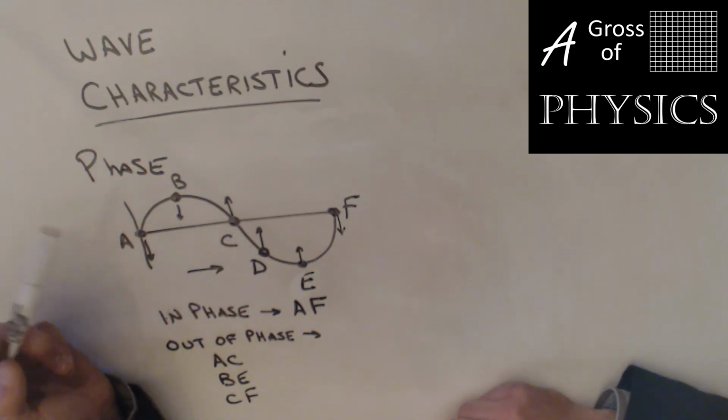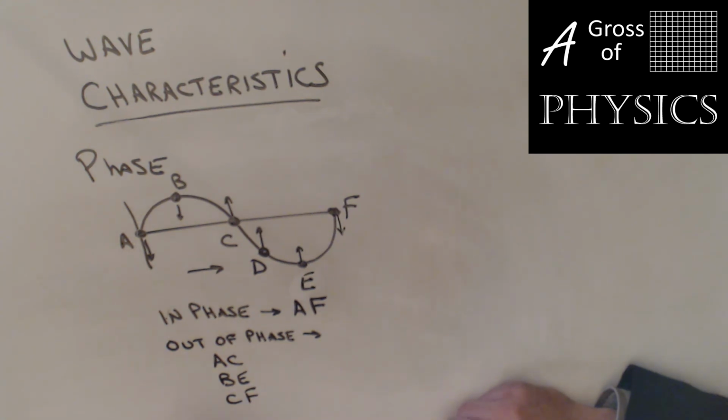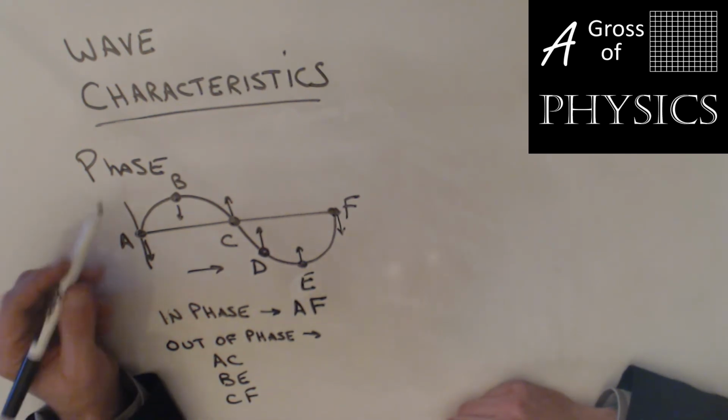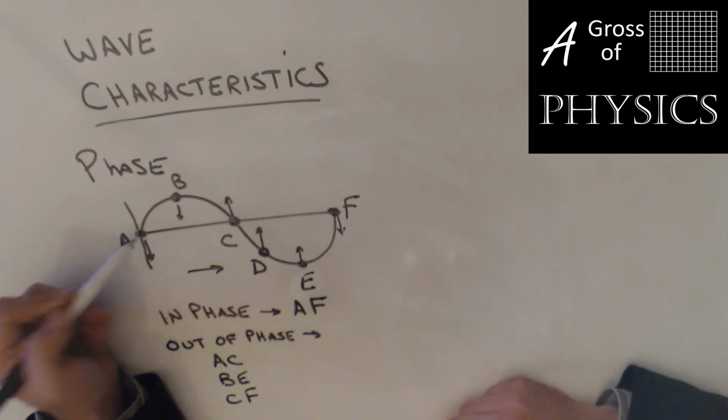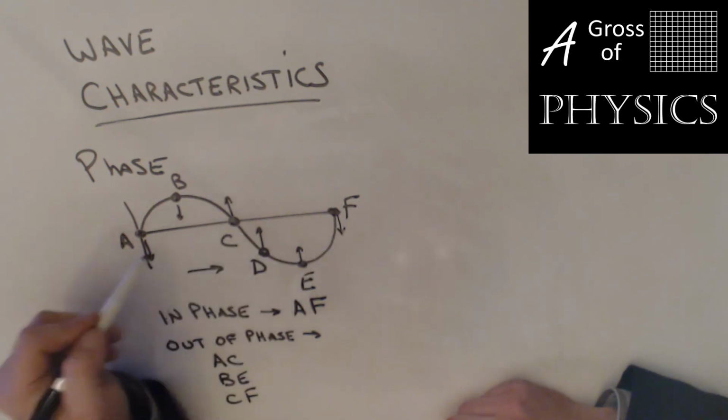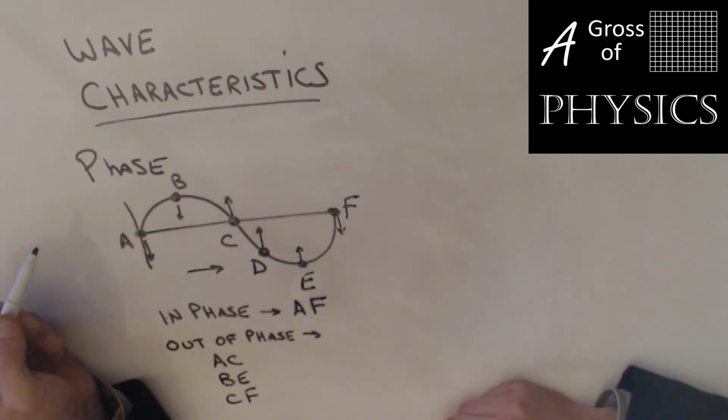What we could have, did I skip one? No, we're good. We could have C and E. They would be partially in phase, and we would say 90 degrees. D and E, we'd say 45. D and C, 45 degrees. So they're almost doing the same thing, they're just slightly apart. If you remember from math class, you're basically dealing with the 2 pi radians of the sine graph, but just converting it to degrees.